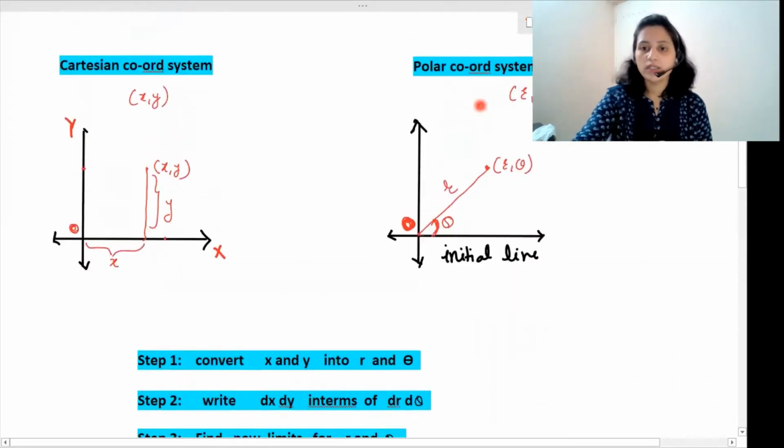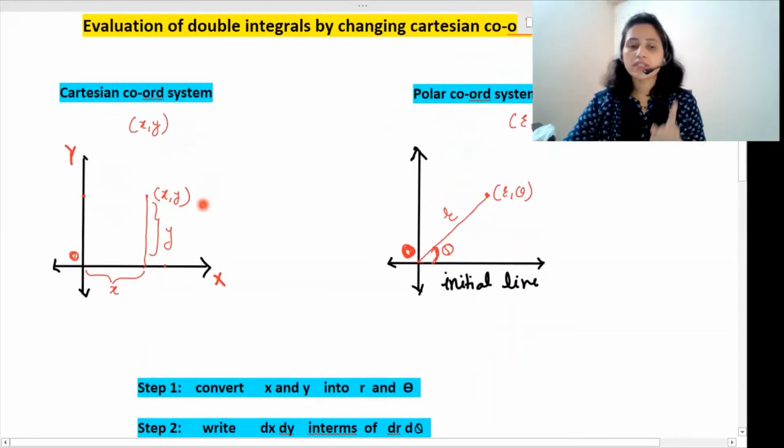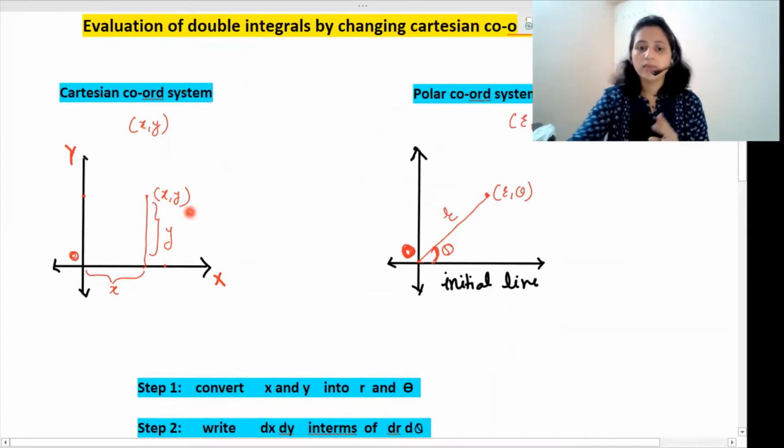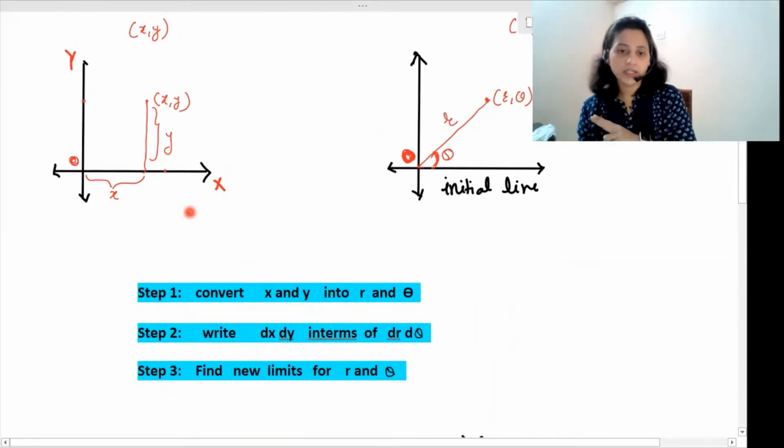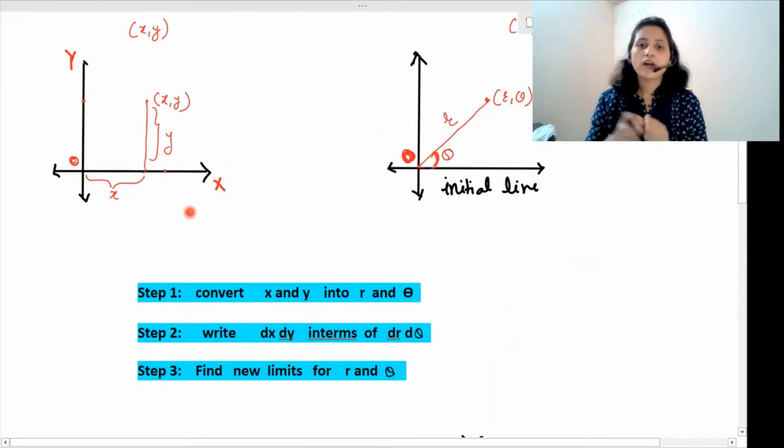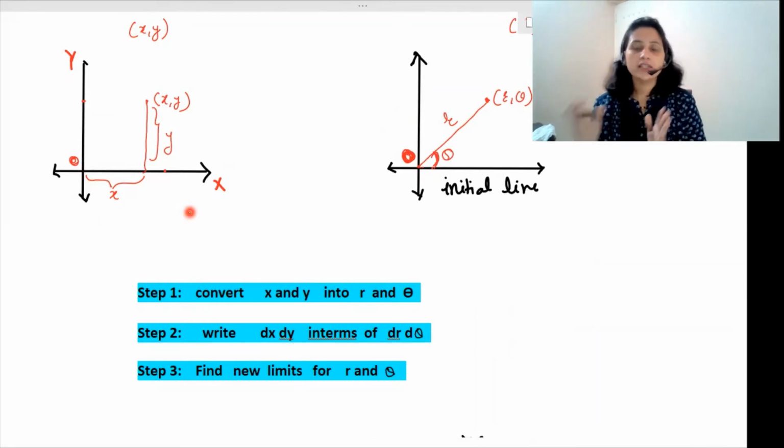Now second step, write dx dy in terms of dr d theta. And third step, find the new limits for r and theta, okay? These are 3 steps we are going to follow.